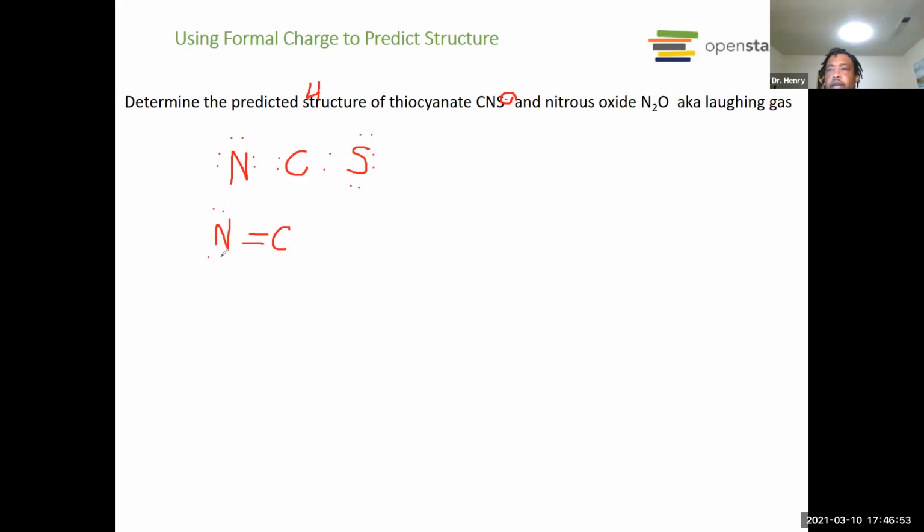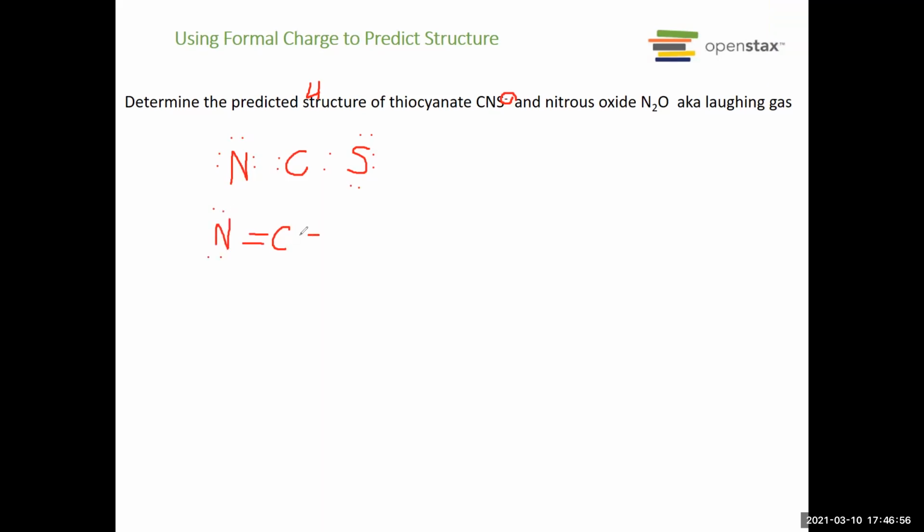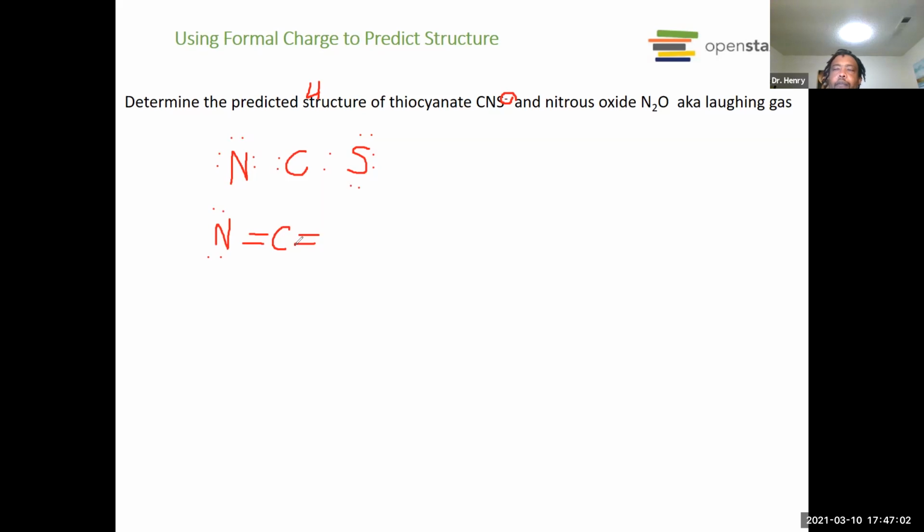Dr. Henry. Yes. May I ask, why did he put the extra electron on the nitrogen? Because sulfur has 6 around it. And then we know that carbon, technically we could have stuck it in the middle. Nitrogen has 5. So we know it has to have an even number.